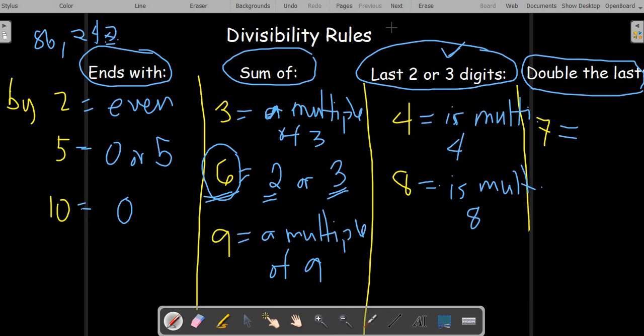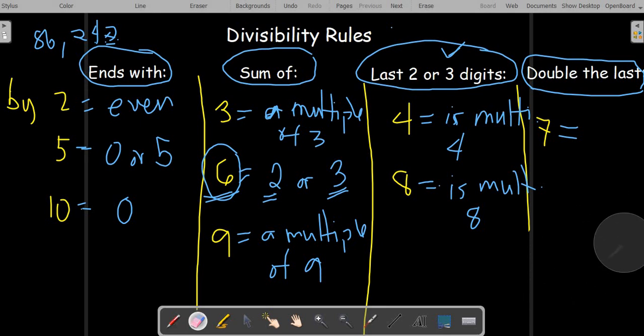Let's take for example 126. The last digit is 6. So you double it: 6 times 2 is 12. Then you subtract it from the remaining digits, which is 12, so you get 0. So 126 is divisible by 7.